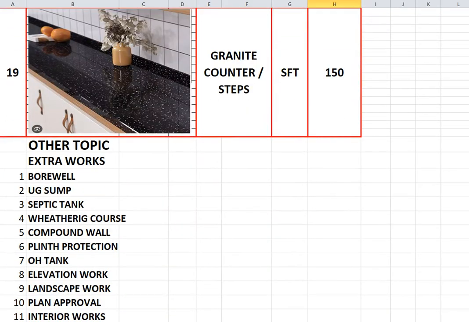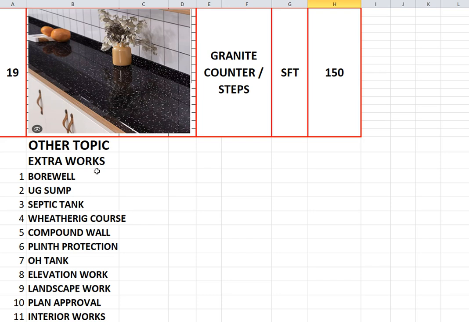Now, as I mentioned, there are other extra items which are not covered under the square feet rates: borewell, underground sump, septic tank, weathering course, compound wall, plinth protection, overhead tank, elevation work, landscape work, plan approval for the building work, and interior work.